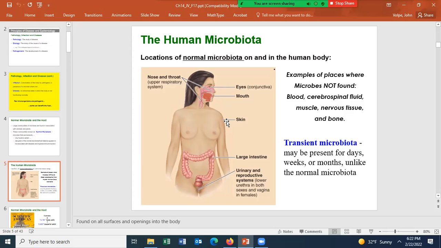I hugged my, well, actually she hugged me, my aunt, when she had a Staphylococcus aureus infection. And after I hugged her, I noticed I had Staphylococcus aureus on my skin. And I said, geez, hugging my aunt got me Staphylococcus aureus. I hope that goes away. And 3 months later, I tested my skin and I did not have Staphylococcus aureus anymore. So that was for me a transient microbiota.